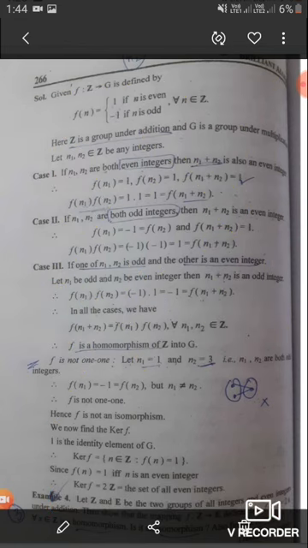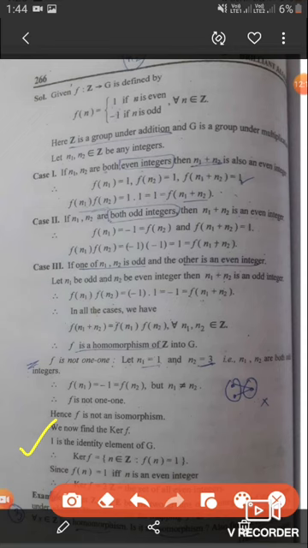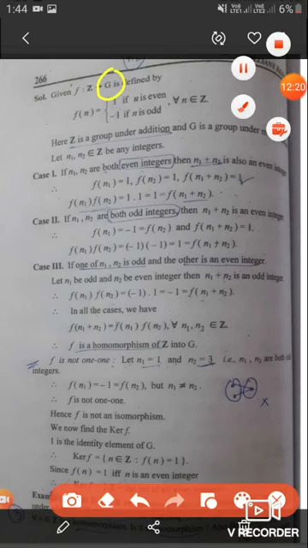So here we are asked to find out the elements that belong to the kernel. Fine. So what we have to think first of all is what will be the identity element of the codomain.